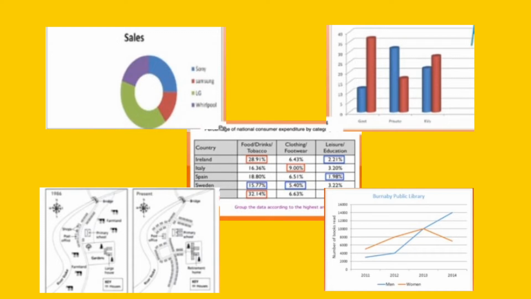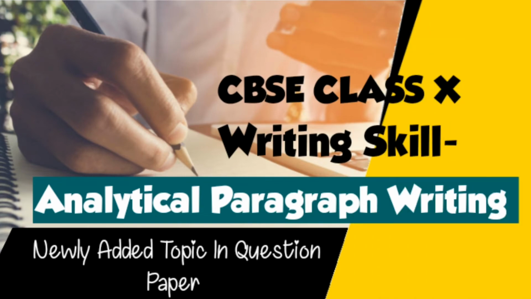So we need to study the given information and analyze it. After analyzing the main points of these map, graph or chart, we need to write a paragraph which is referred to as analytical paragraph.